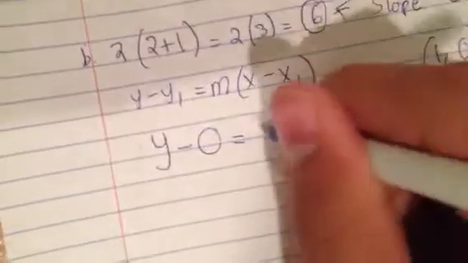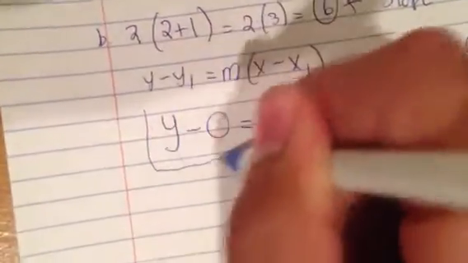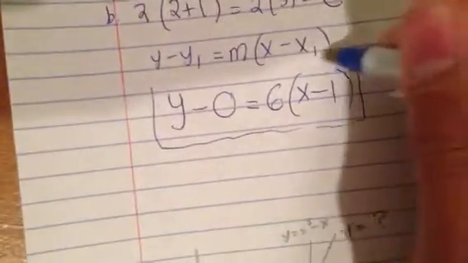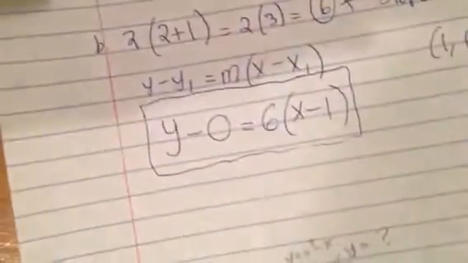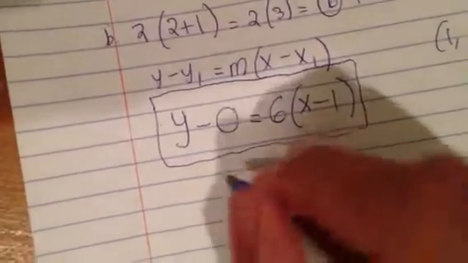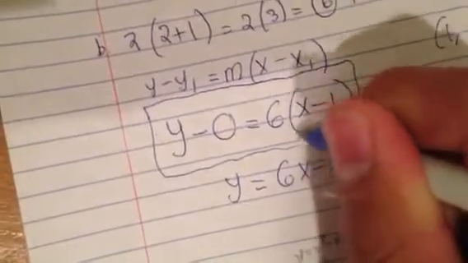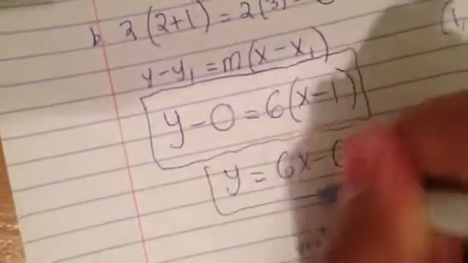So we have y minus 0 equaling 6 times the quantity x minus 1. Now some of your teachers may like you to leave your answers in point slope form. So that would be the answer. But then there are some who would like it in slope intercept. And slope intercept would be y equaling 6x minus 6. All I did was use the distributive property here.